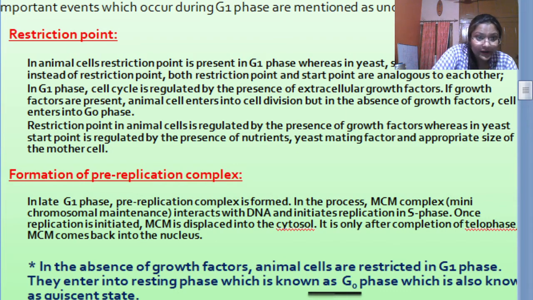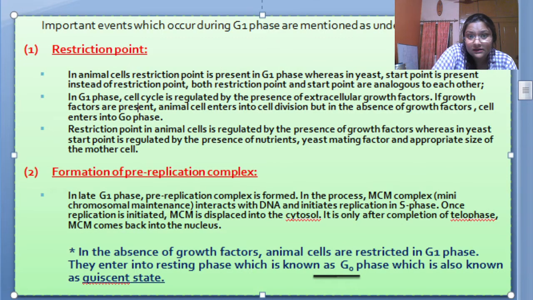Now the next point is formation of pre-replication complex. In late G1 phase, the pre-replication complex is formed. What is the pre-replication complex? It is required for replication of DNA in S phase, but the preparation for it is done in G1 phase itself.